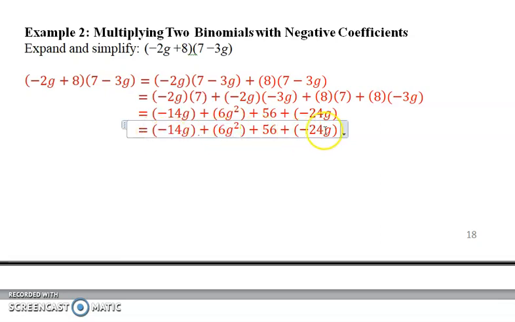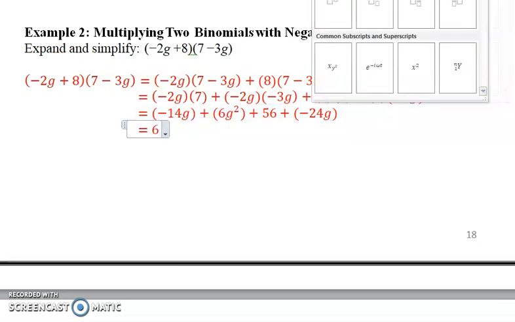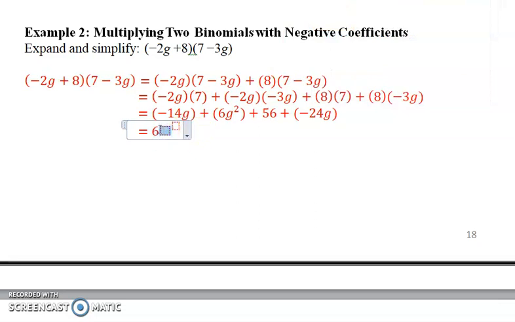You can drop the brackets, and then it's going to be a negative 14g plus a negative 24g. So adding two negatives, keep the sign, add the numbers, so it's going to be negative 38g, and then plus 56 is your final. Okay?